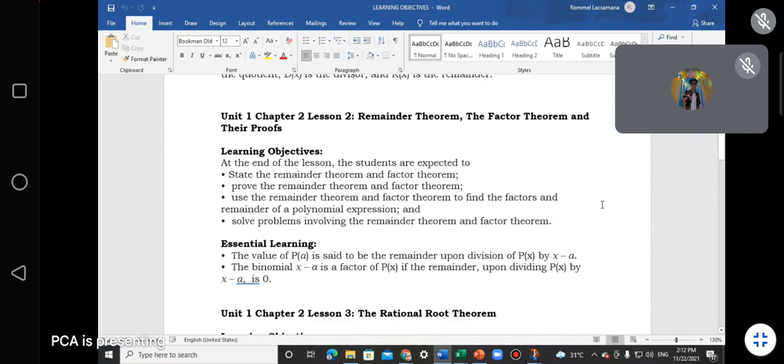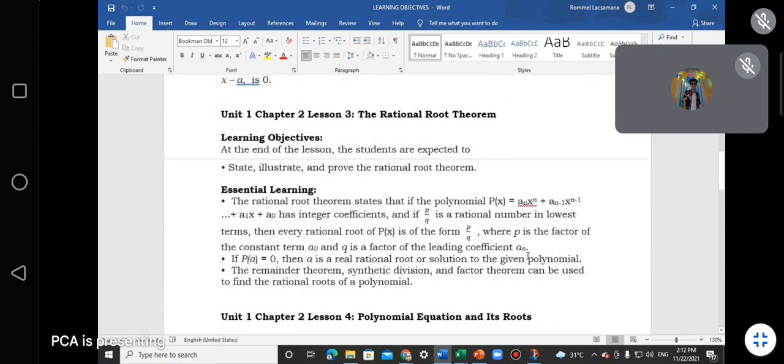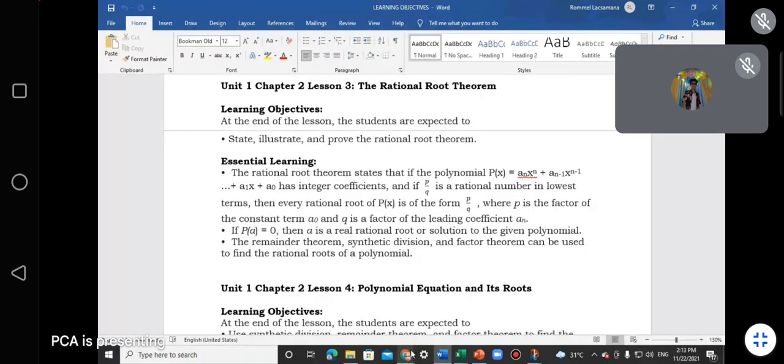Did you get that? So do not hate the factor and remainder theorem. It's not like synthetic division, although they give you the same values, but when you operate them, they're not similar. And the rational root theorem is actually more complicated. It will not be complicated anymore if I teach you Descartes' rule of signs, on page 170. That's easy.